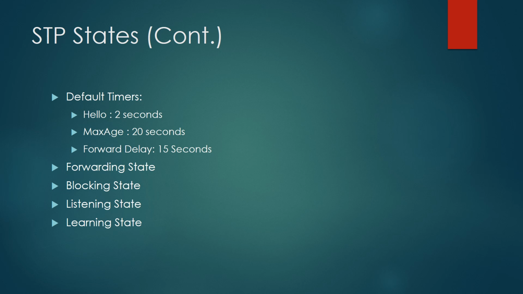And this is kind of like how the spanning tree protocol chooses a different path. If a certain link is down, it will go through the blocking state, listening state, learning state, and then back to the forwarding state. So that switch that has the link messed up will not have any repercussions, but still get the correct information from the main root bridge.